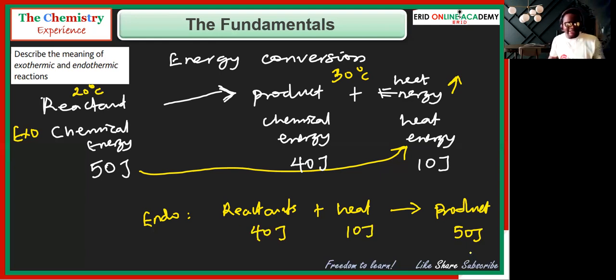So in that situation, what do we have to do or explain? We are saying that if I start this reaction at say 30 degrees Celsius, your reactant is going to take in heat energy, such that at the end of the day, we have 20 degrees Celsius when the reaction has taken place.